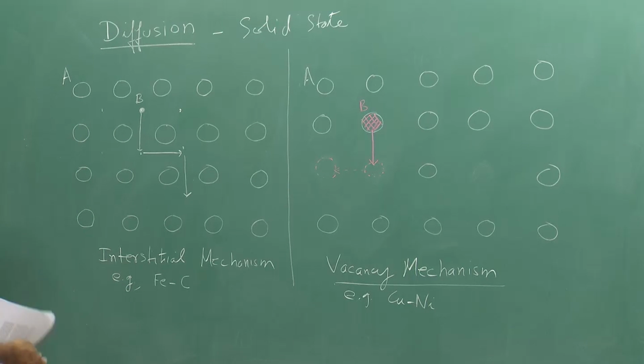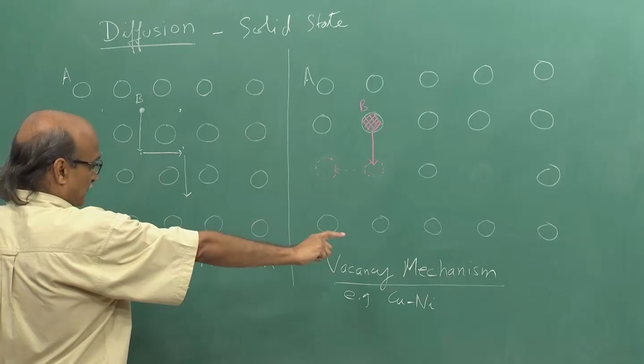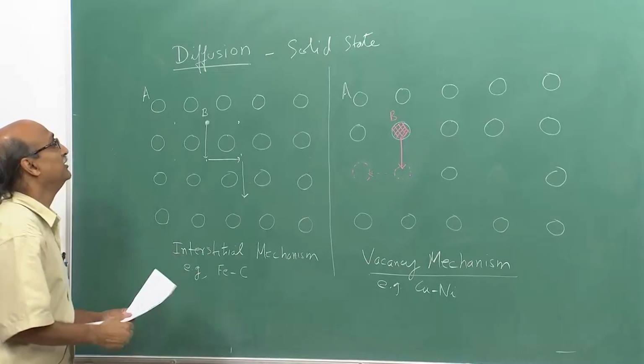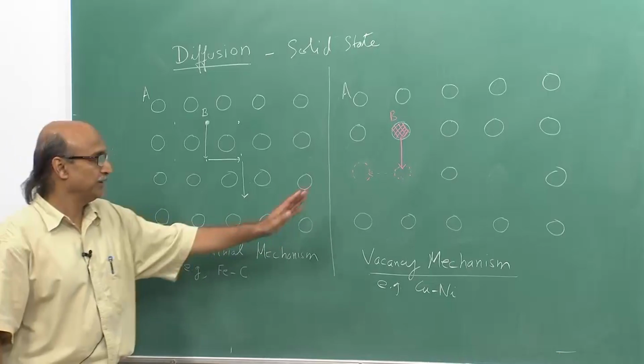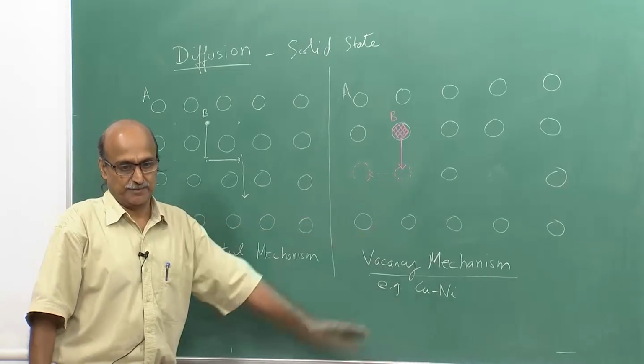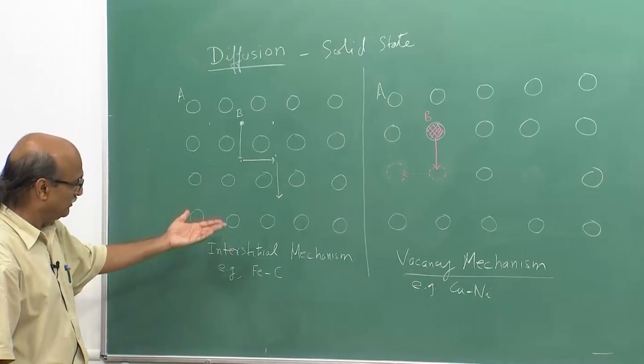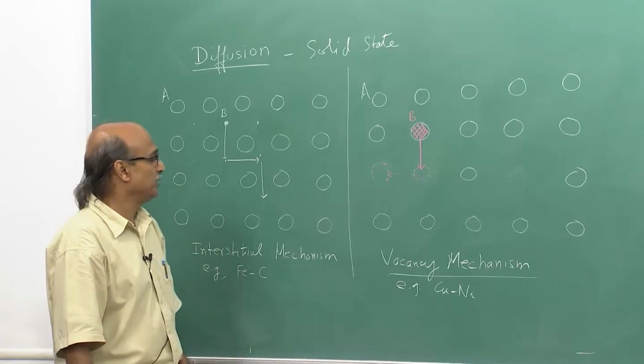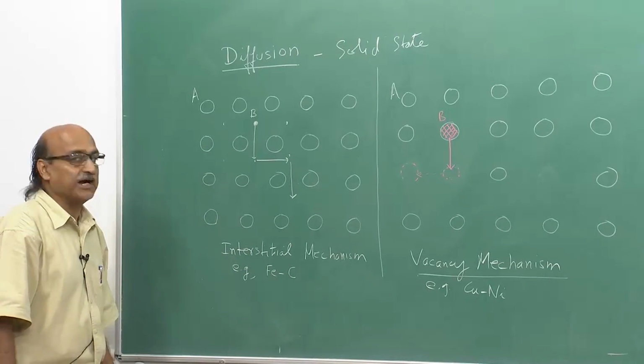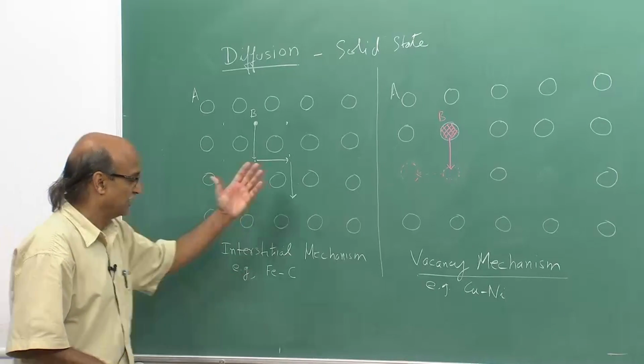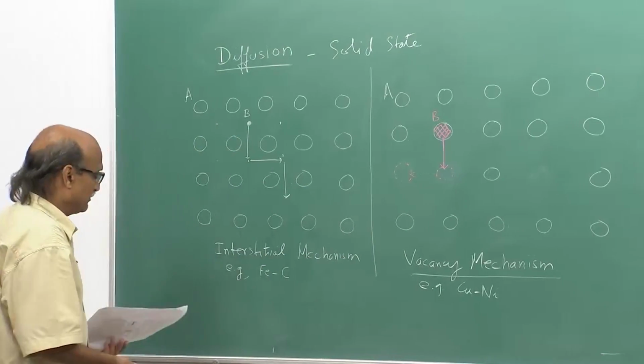Now, these are the two cases by which diffusion in the solid state can be adequately described and then eventually mathematically modeled to determine the kinetics of diffusion, how fast the atoms would move.